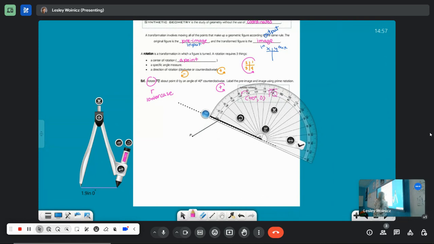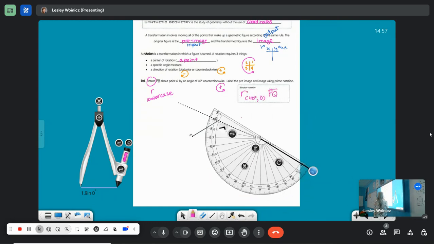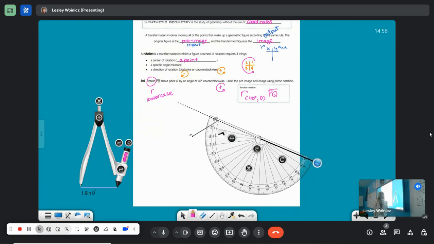You see what I'm saying? I want to turn 40 degrees this way. So I'm putting 0 degrees right on point Q. Okay? Back to my pencil. With my pencil, I am marking 10, 20, 30, 40 right there.